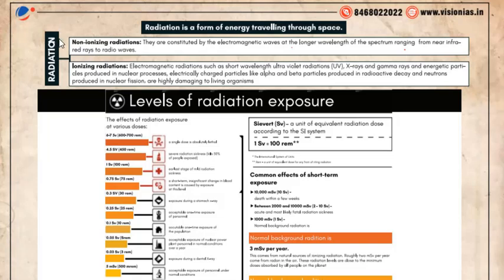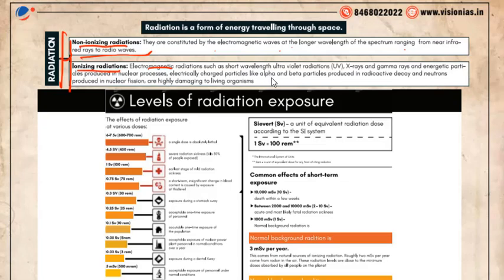See here, the definition of ionizing and non-ionizing radiation is given. Non-ionizing radiations are constituted by electromagnetic waves of longer wavelength in a spectrum ranging from near infrared rays to radio waves, whereas ionizing radiations are electromagnetic radiations of short wavelength such as ultraviolet radiation, gamma rays, X-rays and energetic particles produced by nuclear processes.